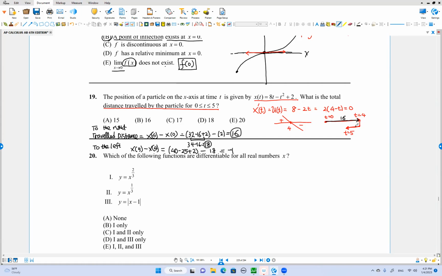Negative 1 means to the left by 1. Anyway, the distance is still 1. Are you okay with this? Yeah. We need to find the absolute value, okay? That is the distance, equal to 1. So the total distance is 16 plus 1, right? 17 is the answer, the total travel distance.